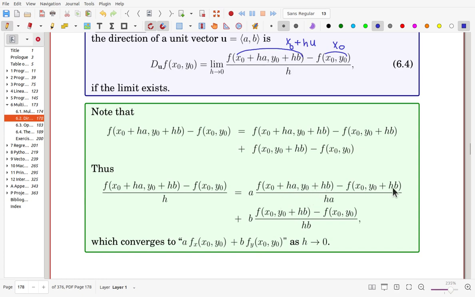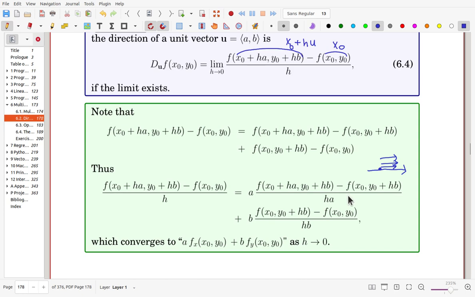In the first quotient, the y coordinate is the same, but the x direction is perturbed, so the slope is measured in the x direction, and this converges to f sub x.